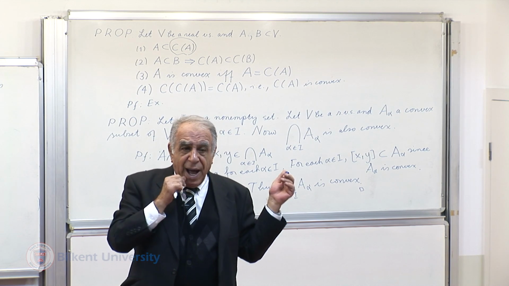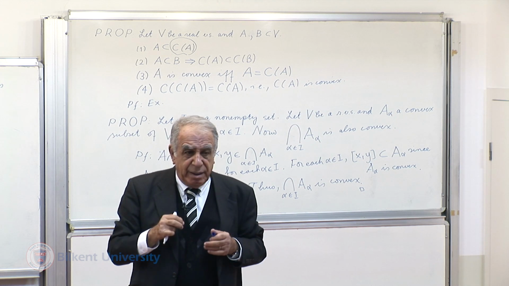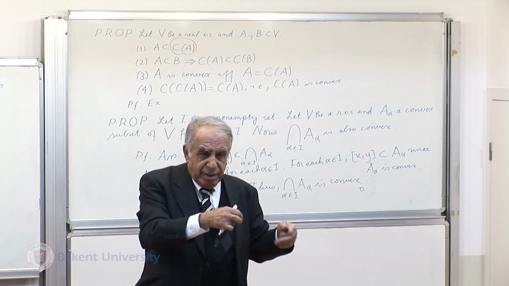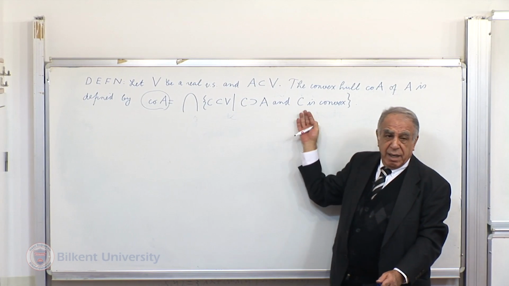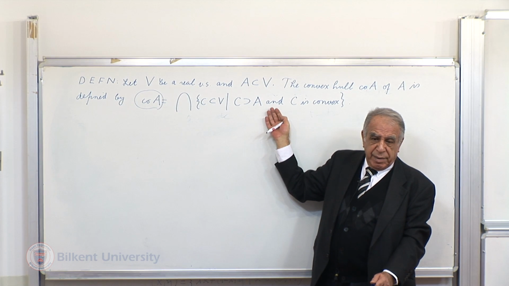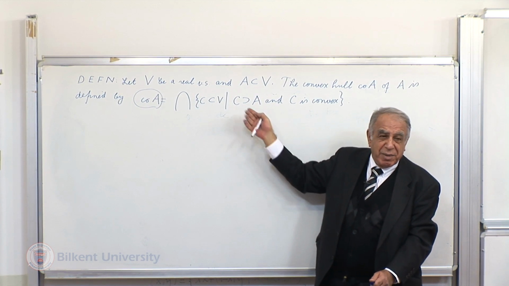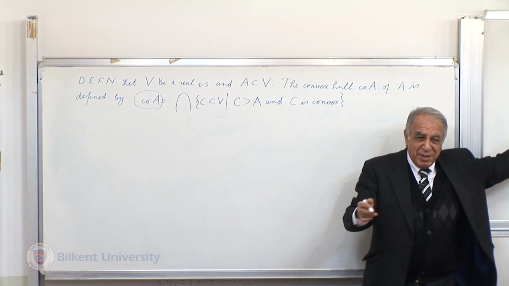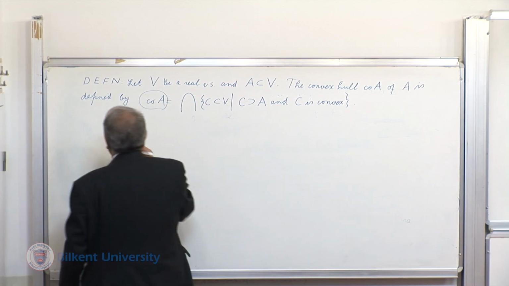We know how the members of C of A are constructed from the members of cap A. Here, that's not existent in this definition. It's like synthetic geometry and analytic geometry, if you wish to put it like that.